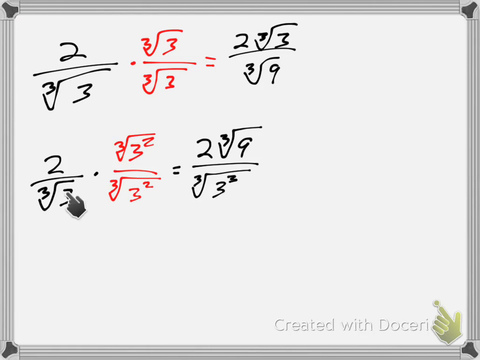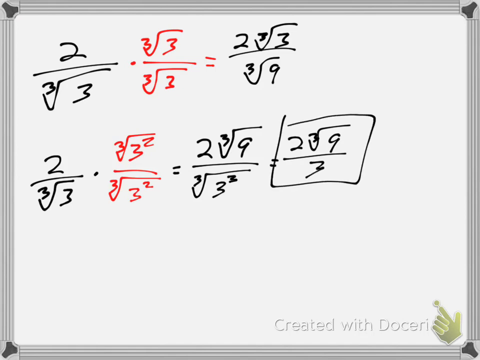You have 1 3 here. You have 2 over here. These are the same base, so you add the exponents. 1 plus 2 gives you 3. You could write 27, but just hang tight, which comes in handy later. So we got 2 cube root of 9 over 3. That's it.